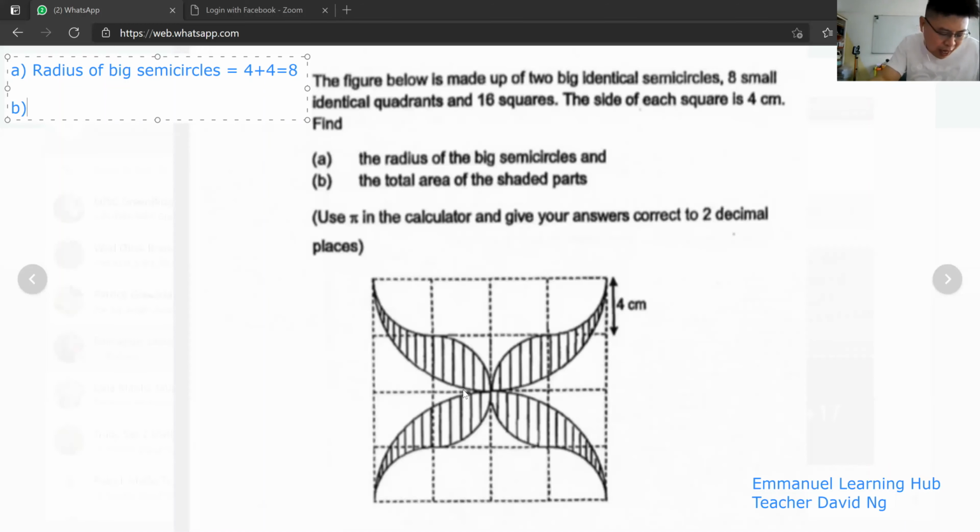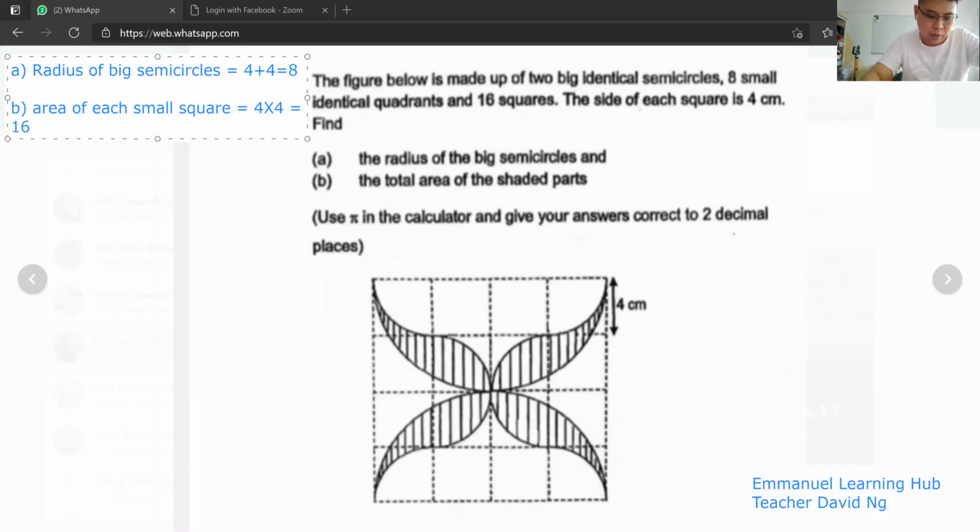Let's find the area of each small square first. Area of each small square will be 4 times 4, which is equal to 16 cm square.